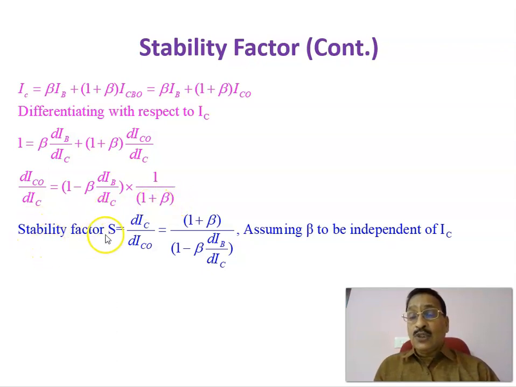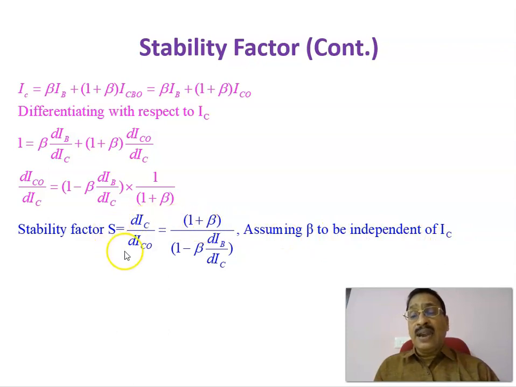Now, substituting this, the stability factor can be reduced. S equals the inverse of this one, because dIC by dICO is taken when beta and VBE are constant. Therefore, dIC by dICO equals 1 plus beta divided by 1 minus beta dIB by dIC, assuming that beta is constant, independent of IC.